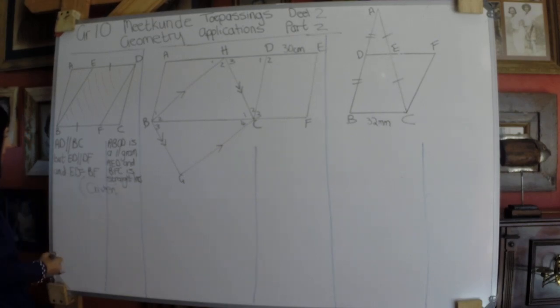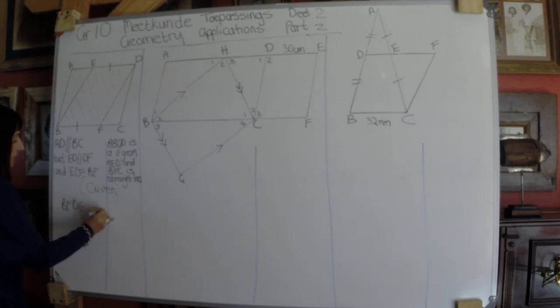It's given. So therefore, BFDE is a parallelogram.